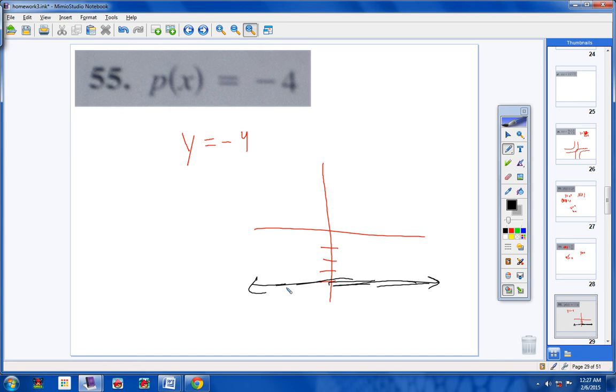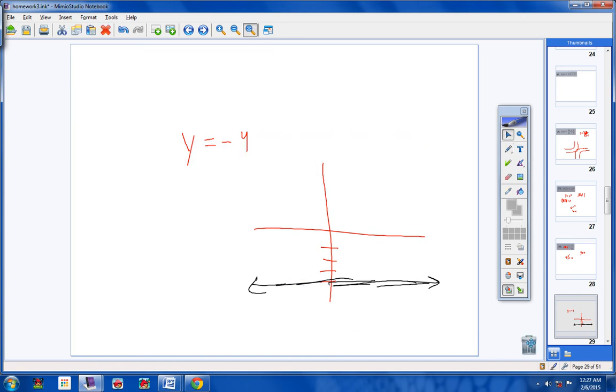Okay, now there's the graph of this function here. Now that I have a graph of this equation, forget the equation, let's use the graph. Let's use the horizontal line test. Well, Mr. Earhart, why are you not using the vertical line test? Because the vertical line test is used when I'm asking you, is this a function? I'm not asking you if this is a function. I'm asking you, does this graph have an inverse function?